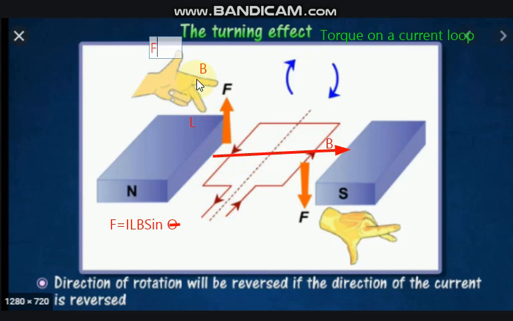So the first finger is indicating the direction of B. The middle finger is giving you the direction of L, which is also the direction of the current flowing in this segment. The stretched thumb will give you the direction of the magnetic force acting on this wire segment.